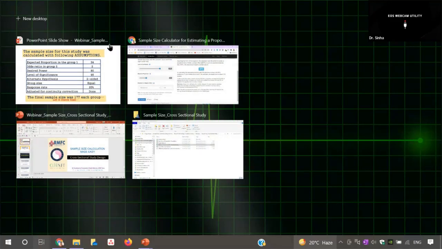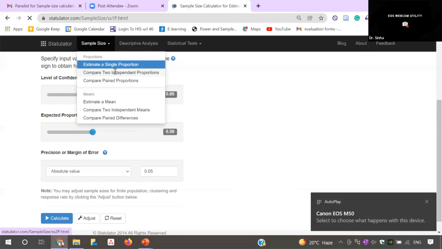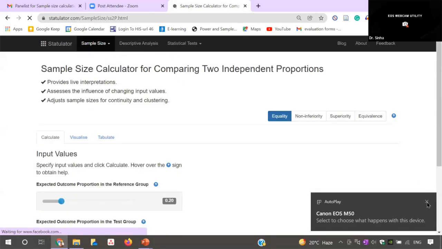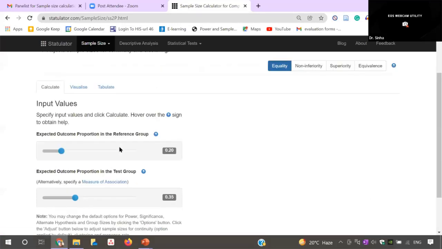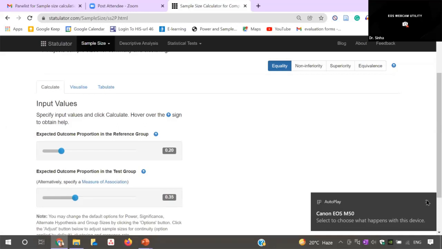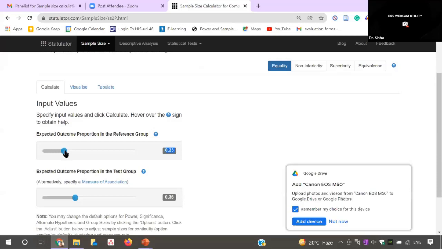Now I'll go to the sample size and click on two independent proportion. If you click on two independent proportion, you can see that it asks for the expected proportion in the reference group and the expected proportion in the test group. In this case, the reference proportion is for the reference group, and that was 24%. So I will take it as 24.